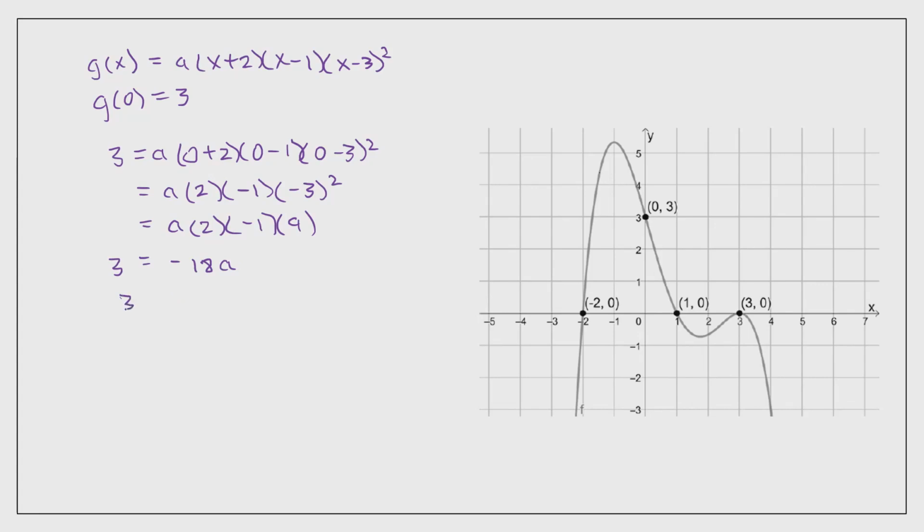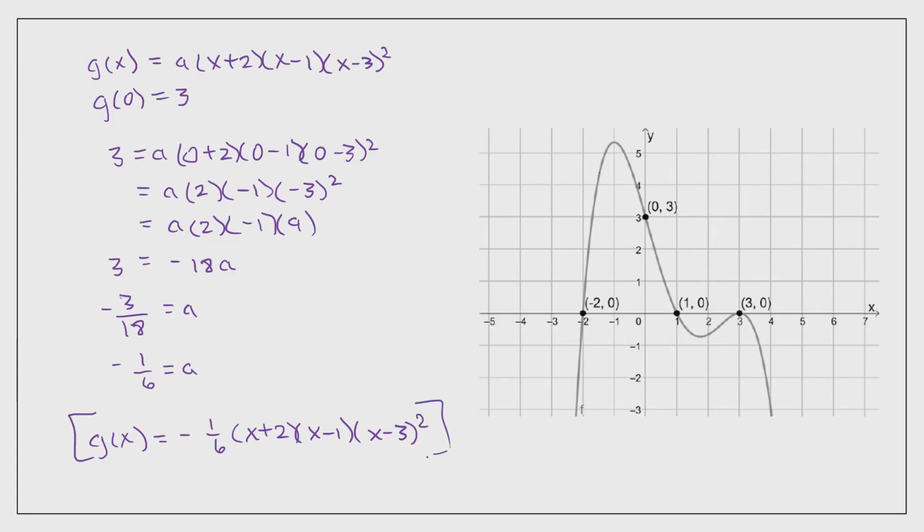So I'm going to divide both sides by negative 18, and so a equals negative 1/6. So g of x equals negative 1/6 times x plus 2 times x minus 1 times x minus 3 squared. And this is in factored form. If I needed it in expanded form, then I would need to multiply all of this out.